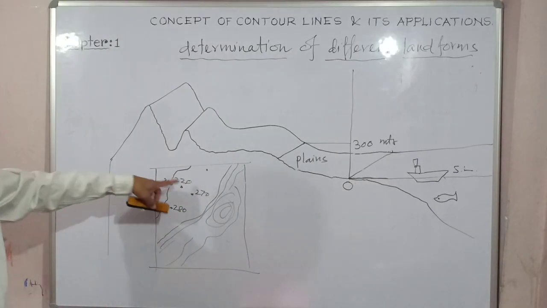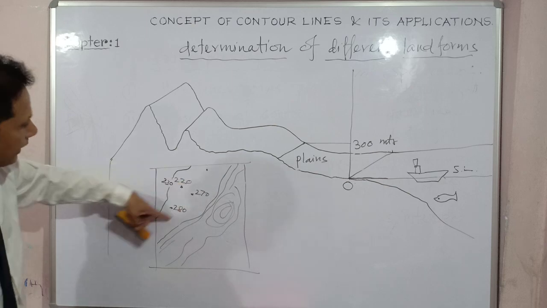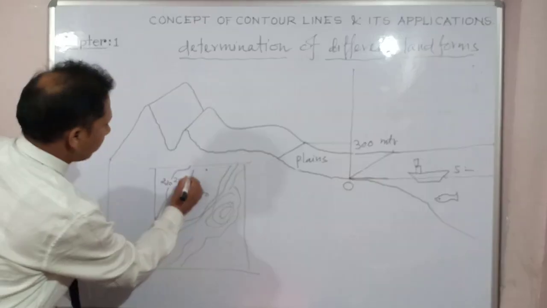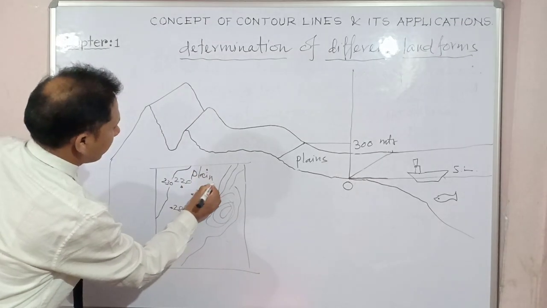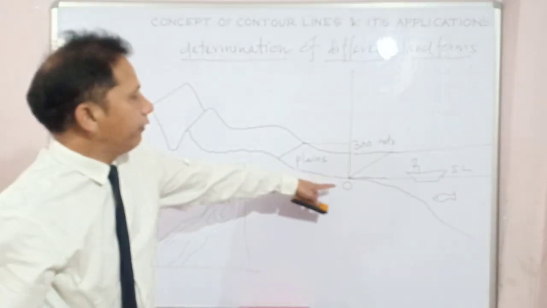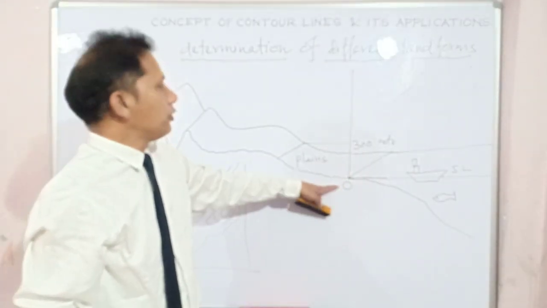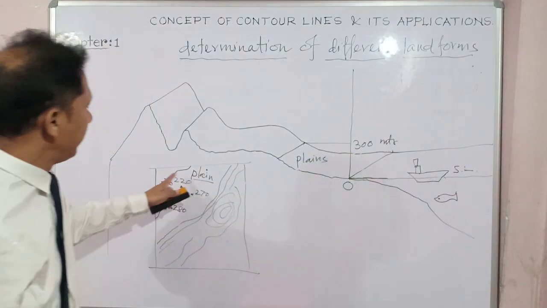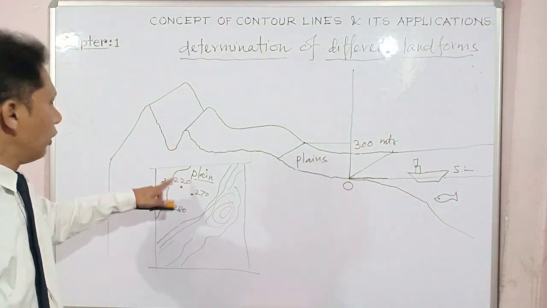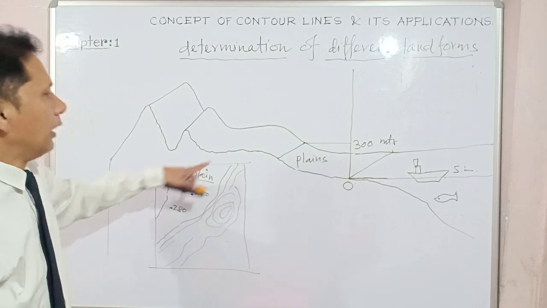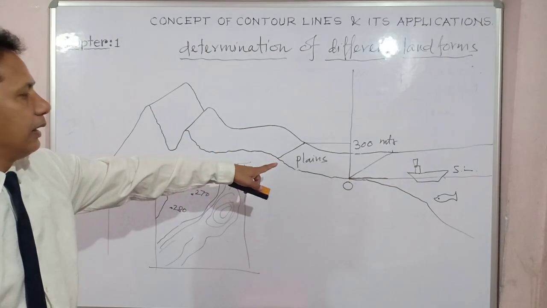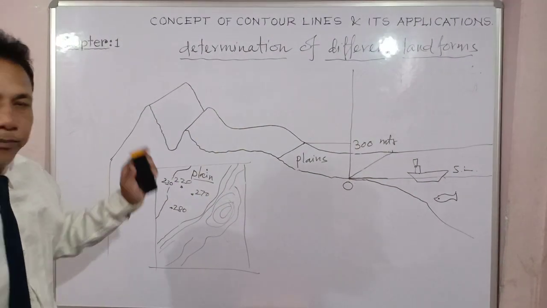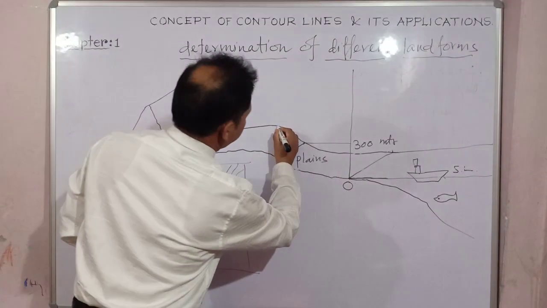What I am writing, anything below 300, so that means this area will be considered as a plain. Clear? So plain. Average height of the plain is 0 to 300 from the sea level. If it is flat leveling ground, you see so many contours. If contour values also will be ranging below 300, it will come under plains. Right? So now you see.